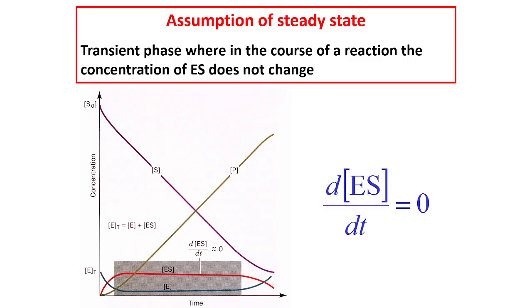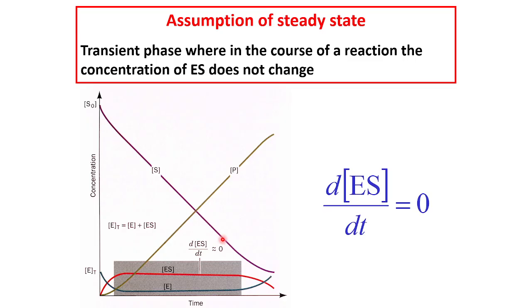So based on the steady state approximation, what do we see here? You have the substrate concentration that is very high, and ES is your intermediate step, and finally you have the product. In the beginning you have higher substrate concentrations, you are adding enzyme bit by bit, and you see the enzyme concentration change, so this is the total enzyme concentration.